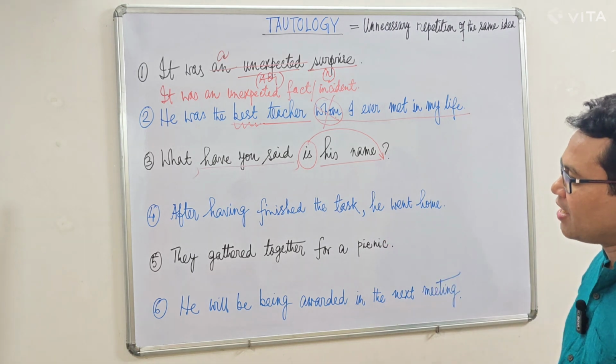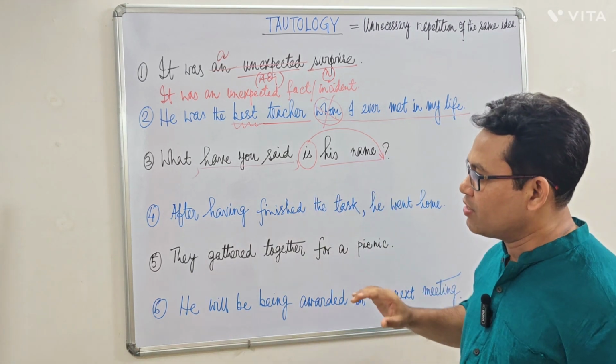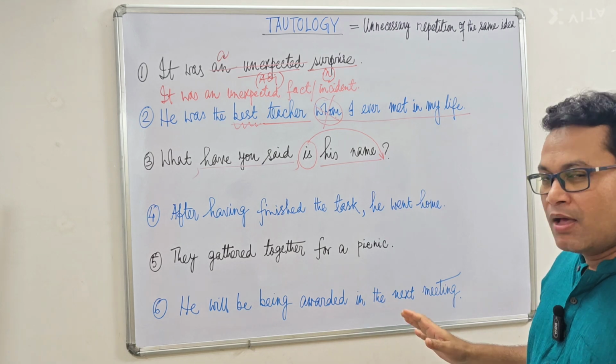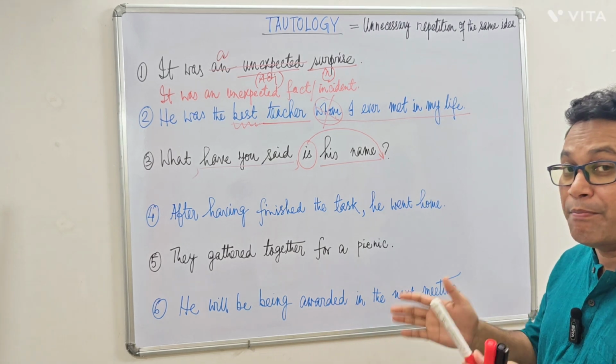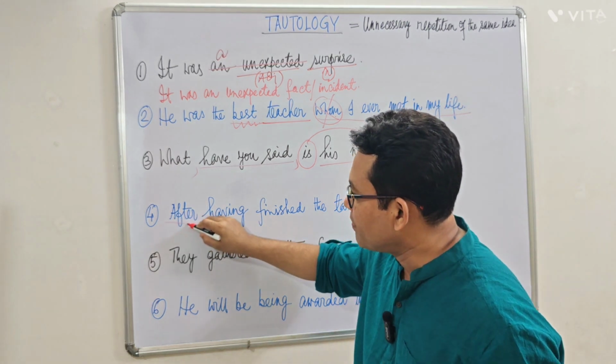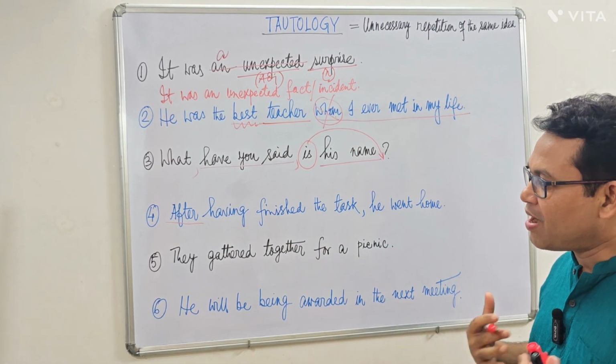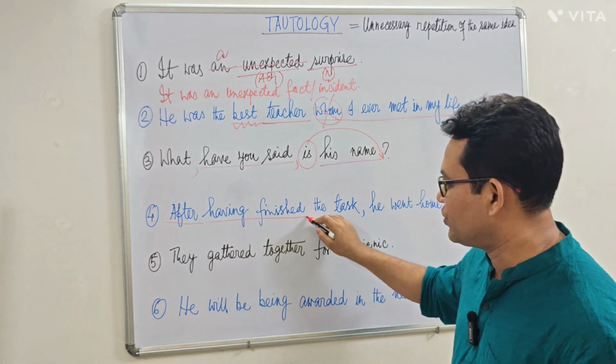Next, number 4, after having finished the task, he went home. Very, very important, because here we have employed an idea of before and after. One through the preposition after, and the second through the perfect participle having finished.